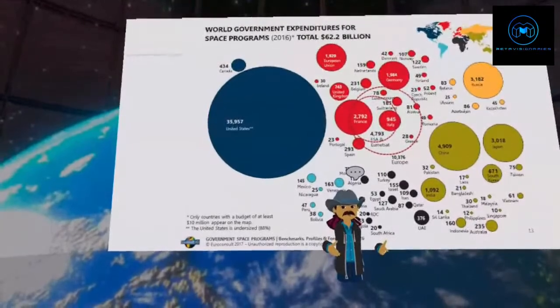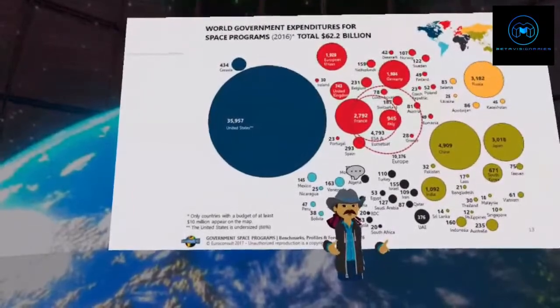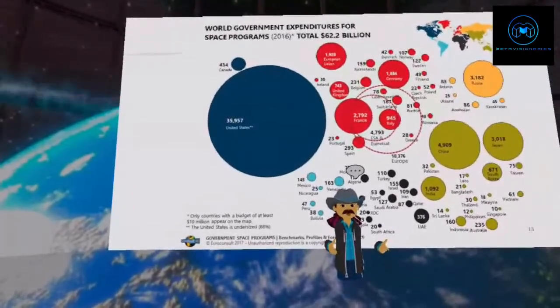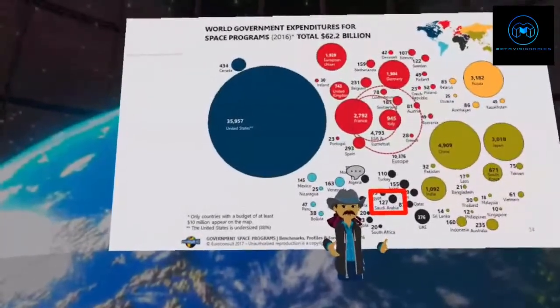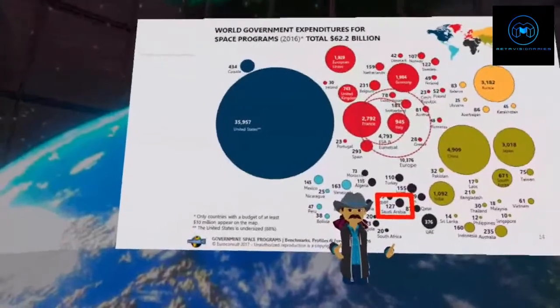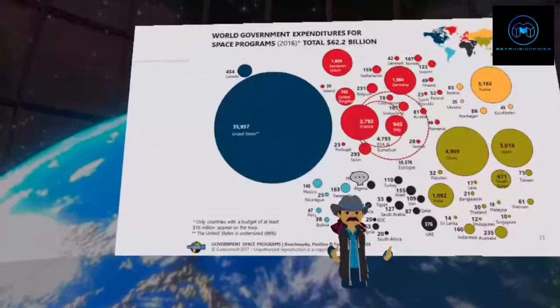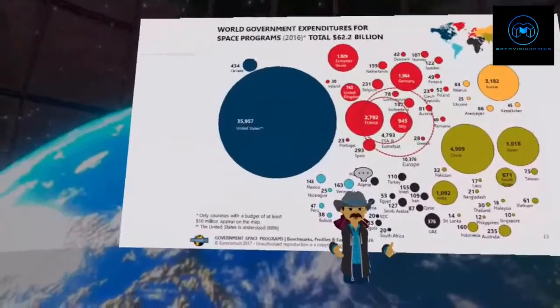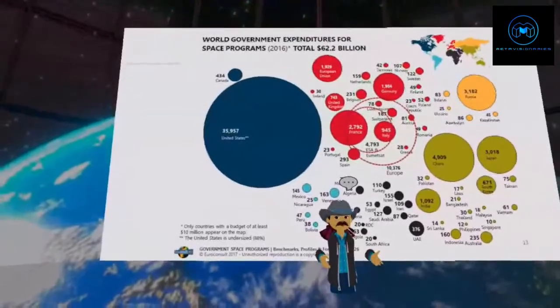In fact, this blue circle is smaller than it actually should be, just to make it all fit on one page. And you can see here North America, Europe, and if I look down here, you can see the Arab world, and we can see the Middle East and the amount of expenditures that are being put out. And these are by nation states and governments.